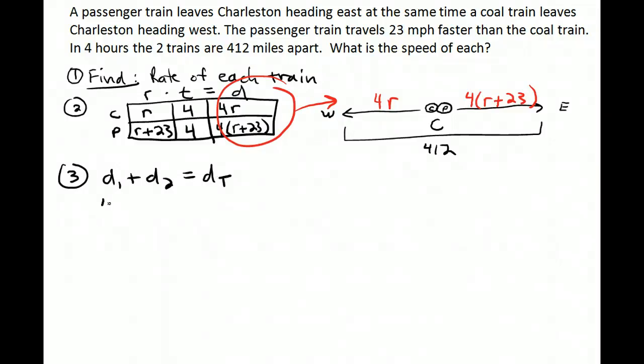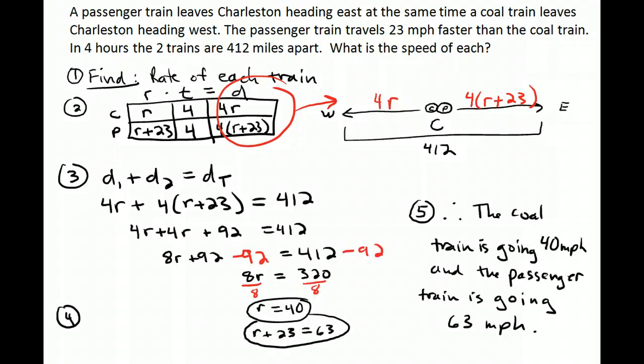So fill that in with the 4R plus the 4 times the quantity, R plus 23, and that equals the total distance, which is 412. Now solve that. Okay, I've solved the problem, and I got R equals 40. That means R plus 23 would be 63. We are trying to find the rate of both trains, so we need the quantities for both of those rate boxes. So my conclusion would be the coal train is going 40 miles per hour, and the passenger train is going 63 miles per hour.